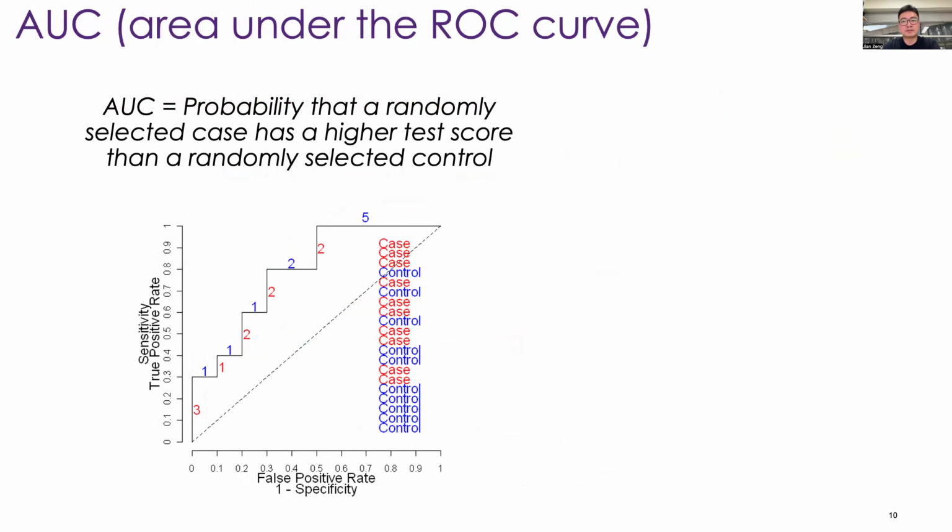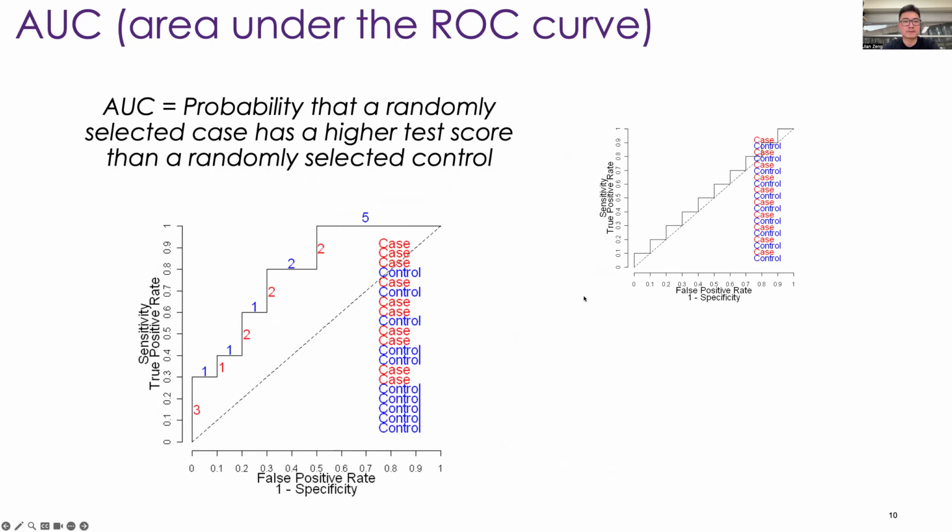Another widely used metric is the AUC, or area under the ROC curve. AUC can be interpreted as the probability that a randomly selected case has a higher test score than a randomly selected control. Basically, it looks at sensitivity versus the false positive rate, and we want the AUC value to be as high as possible.